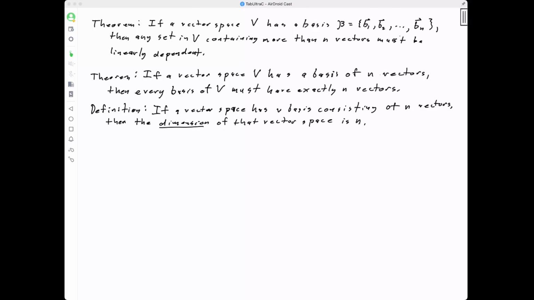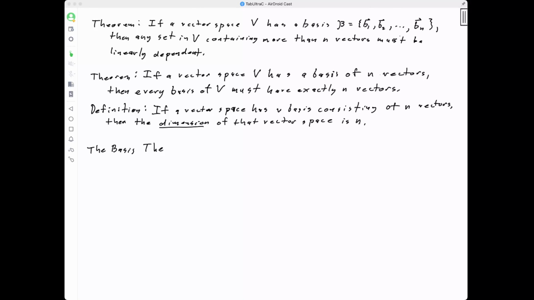This goes a step further, though. We can take this idea of what the dimension is, and how every basis has n linearly independent vectors in it, and we can build what we call the basis theorem.